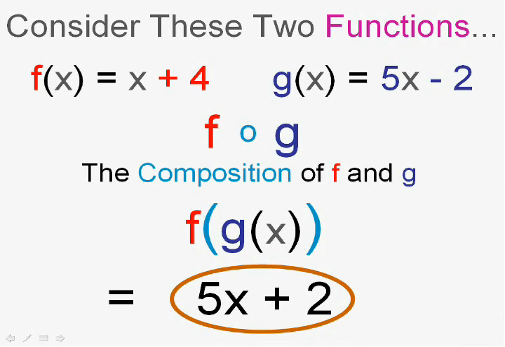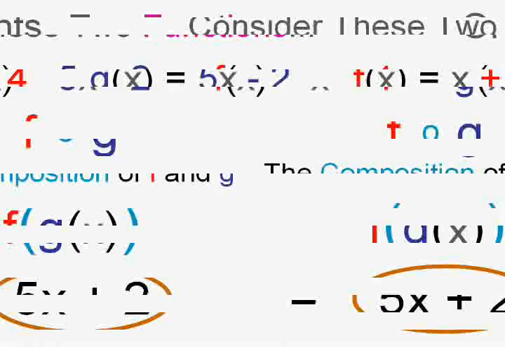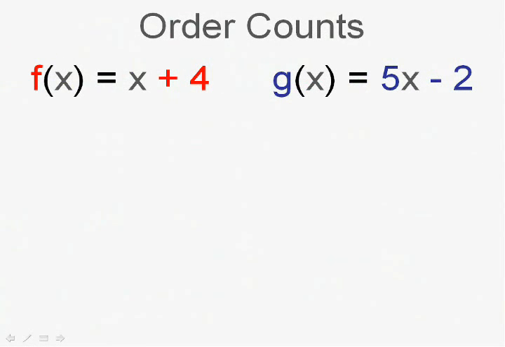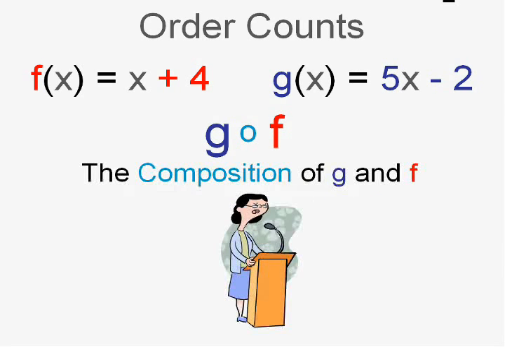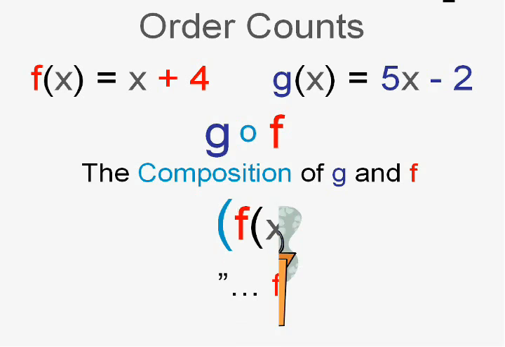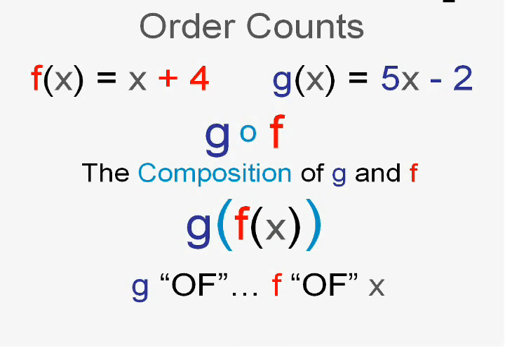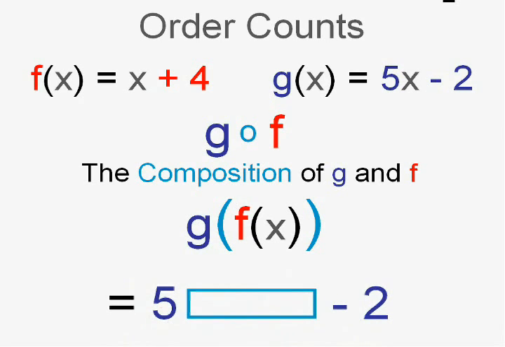Now this is going to be one of those operators where order counts. F of g of x was 5x plus 2. Let's see what g of f is, or the composition of g and f. Now what am I going to do? Well, to take g of f of x, I'm going to start with the function g, and in place of x, I'm going to put, using parentheses, the f of x function.